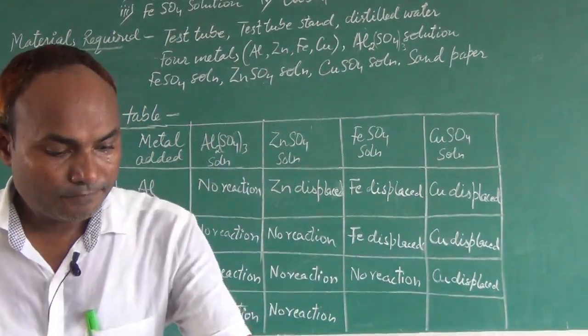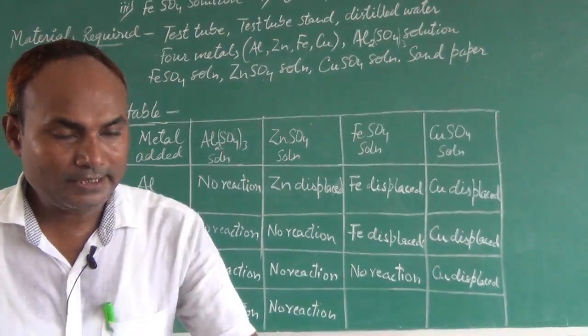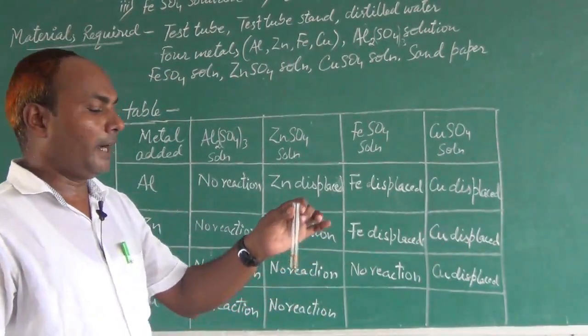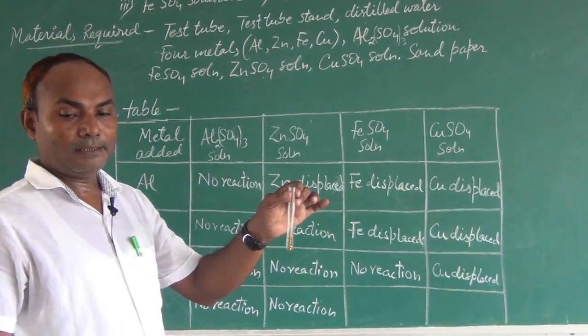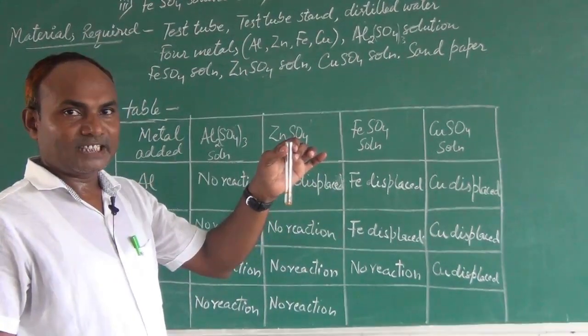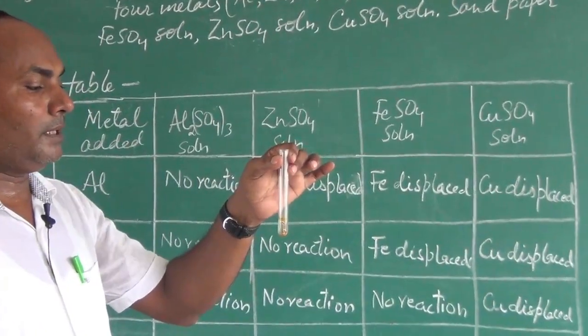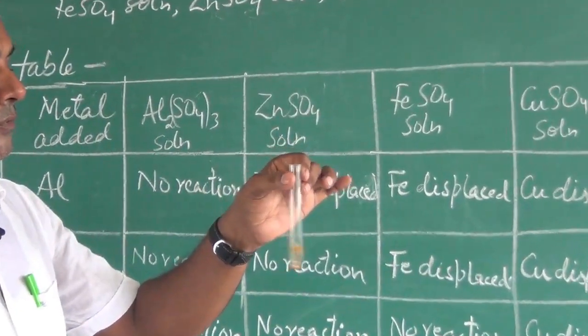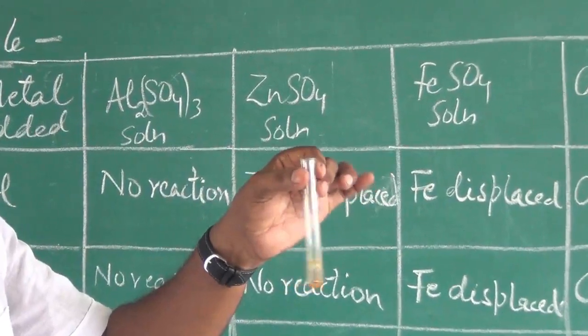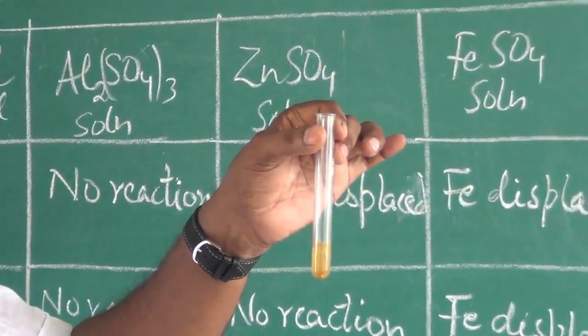Students, now in the third test tube, we have taken iron sulfate solution and copper metal is added in it. If we observe the action of copper with iron sulfate solution, there is no change in color.